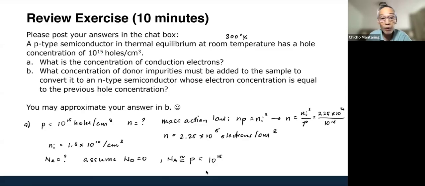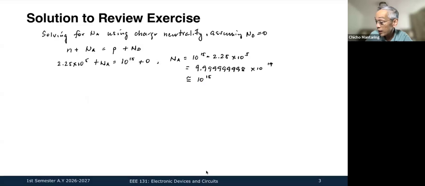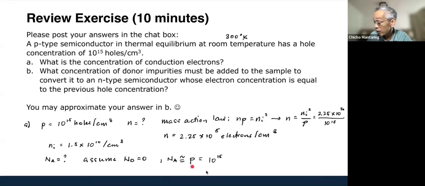And the number of intrinsic impurities is much smaller than this. So nagiging negligible yung number of intrinsic impurities compared to this. And that is why, if we recognize this, we can just say that P, your hole concentration, is approximately equal to your acceptor ion concentration if there is total ionization. P is just approximately equal to Na.